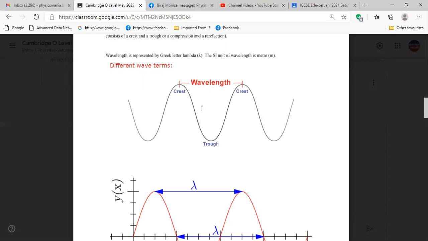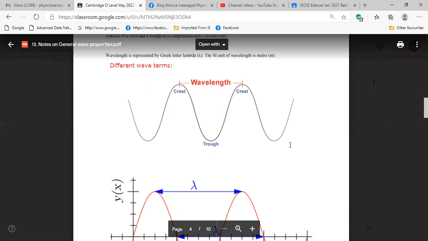So the distance between one crest and another, two consecutive crests, you see, this distance is known as wavelength. Not only this, we also have troughs, right? Here we have one trough and another trough.